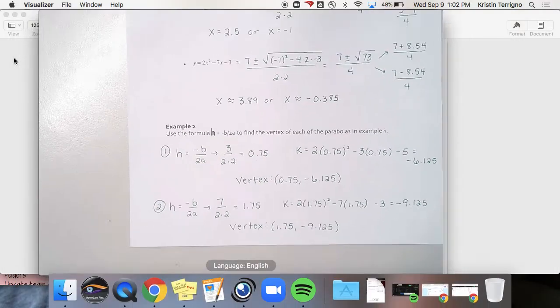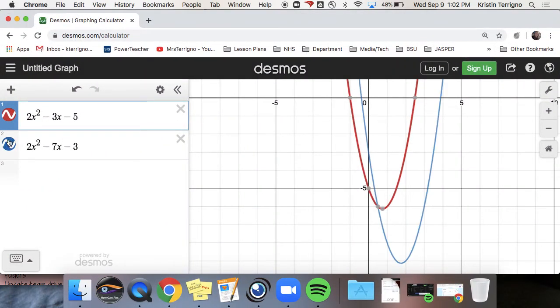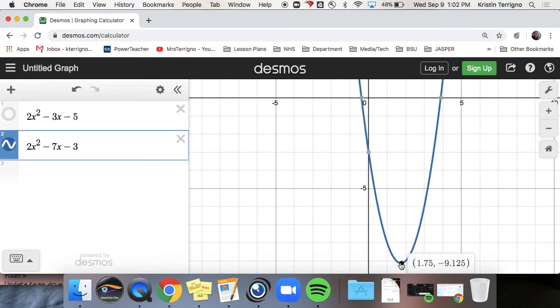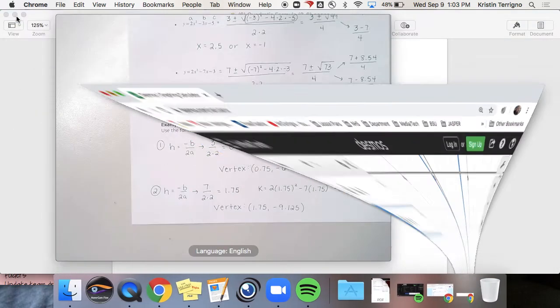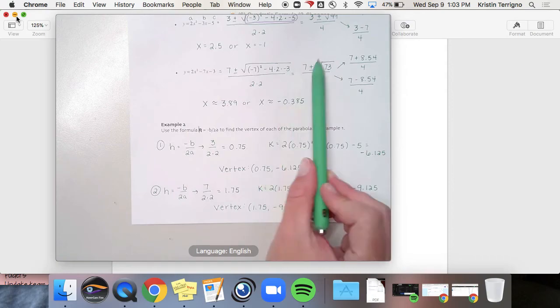Let's check on our graph. That's this one. My vertex is down here. And I ended up with 1.75 and negative 9.125. So yeah, that looks good. If you don't have a graphing tool handy, you don't have Desmos, you don't have your calculator, maybe your calculator is hard to read, another way to check is your vertex should always be located halfway between your two zeros.